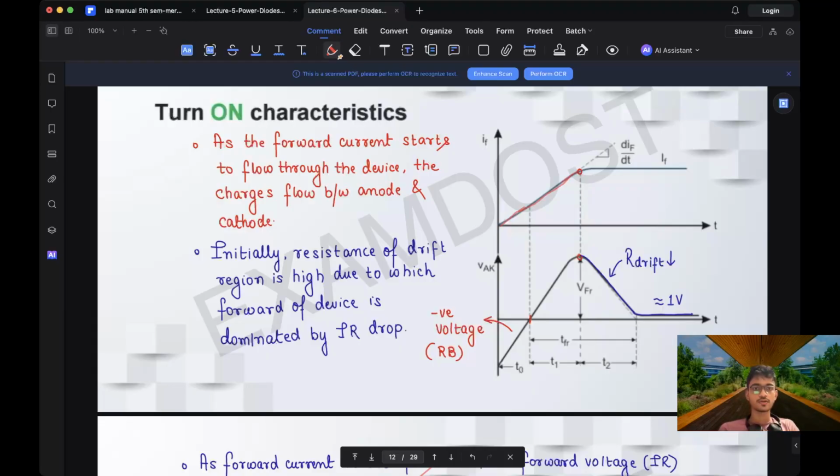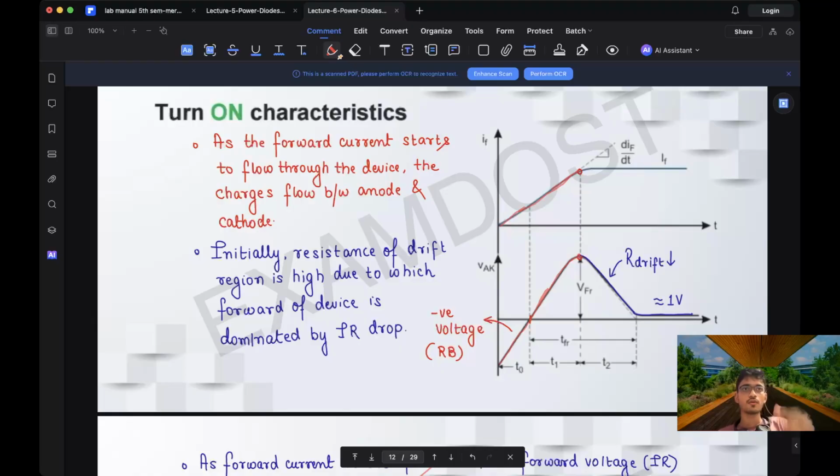R will obviously be high in the drift layer because the charge concentration is very low, sigma is low, R is high in the drift layer initially. So it is trying to increase because I is also increasing, and after some time it would achieve its maximum when the current is also high.